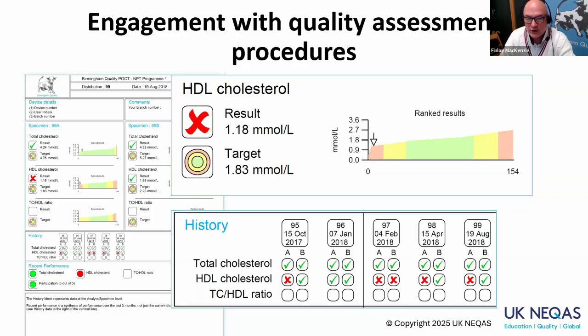But what happens if you've got lots? This laboratory, or this individual, doesn't seem to be able to get consistently accurate results for their HDL cholesterols. There's a bit of a history, a bit of a pattern there, and that's perhaps slightly worrying, given that in the majority of these EQA schemes that we're developing here for things like the cardiac lipid health check type things, by and large, it is a single manufacturer system that we're dealing with.